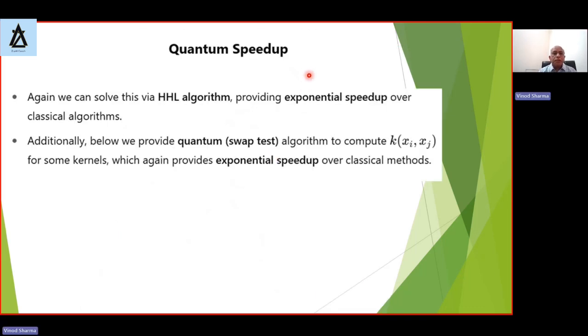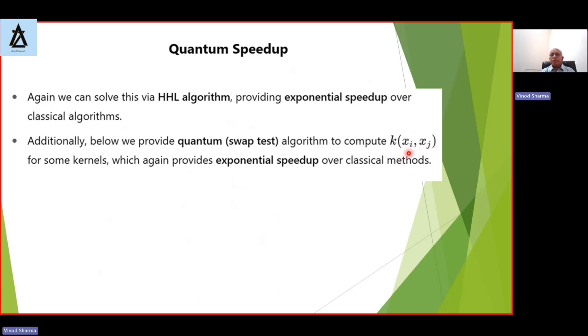So, quantum speedup, as we mentioned earlier, for this kernel and SVM method, using HHL provides an exponential speedup over the classical algorithm that we have. In addition to that, we can get further speedup using another quantum algorithm, to compute K(xi, xj).